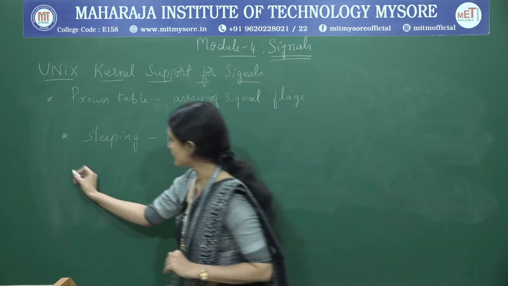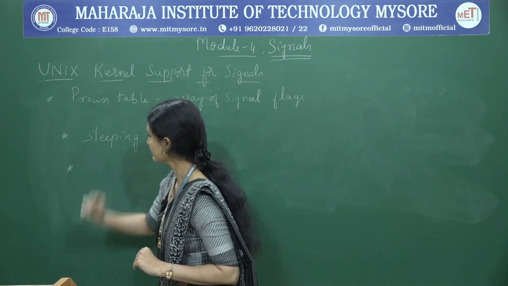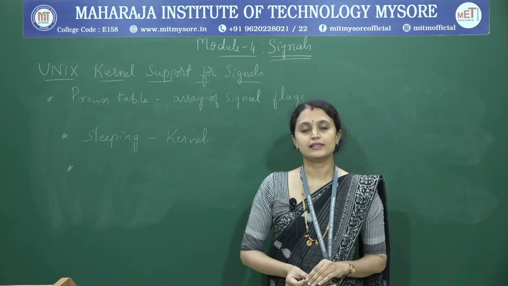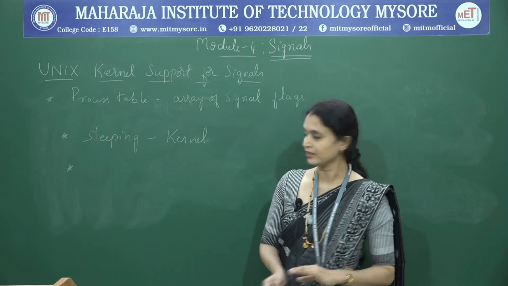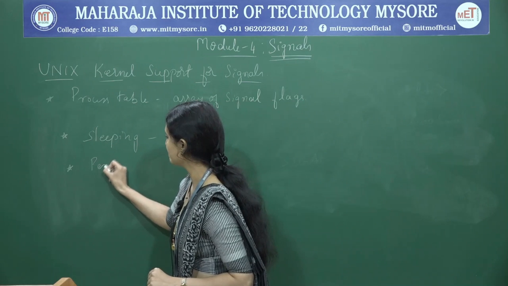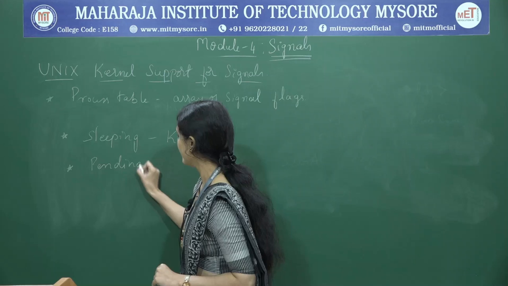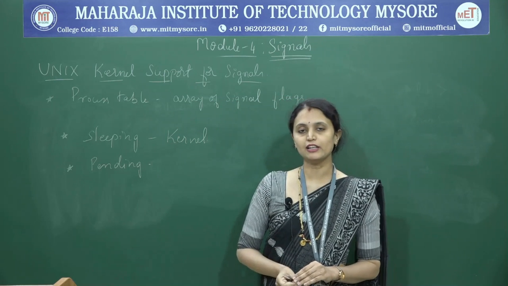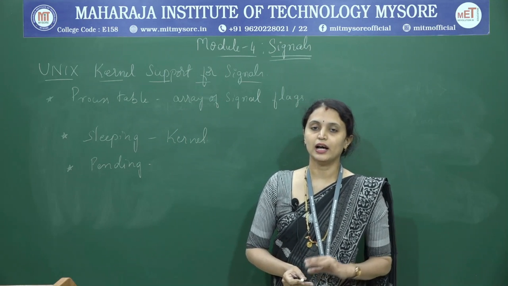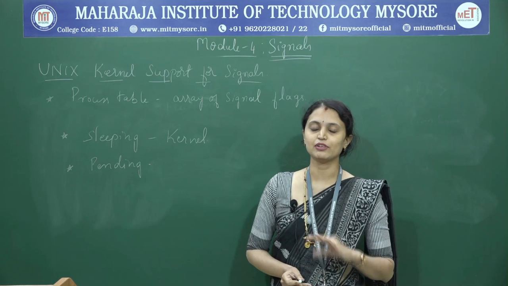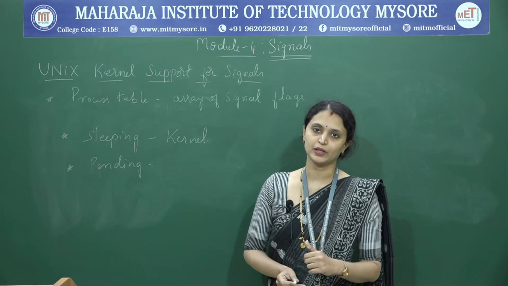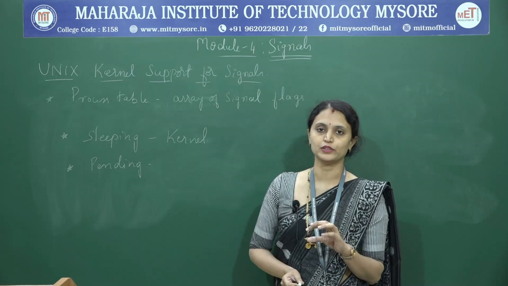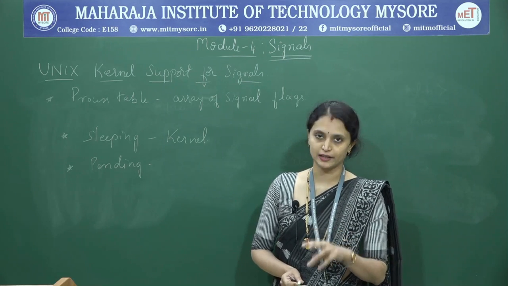Okay. So next, if the signal sent to the process is in the pending state, then the kernel will verify with the array flag. That means it will verify the signal flag that is present in the array. It will check the value of the signal flag in the array.